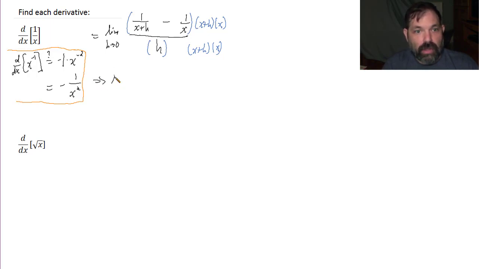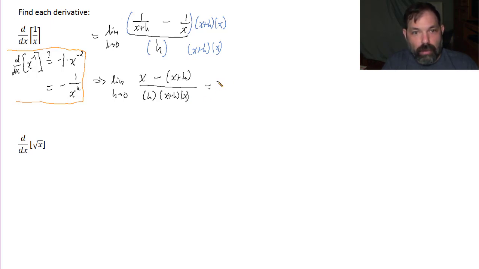So this becomes the limit with h approaching 0. Distributing that through the first term gives me an x, minus. Through the second term, the x's reduce out, leaving me 1 times x plus h. In the denominator, nothing reduces out, and I have h times x plus h times x.